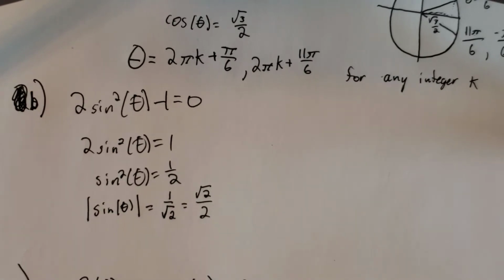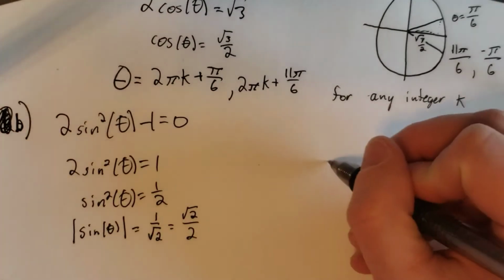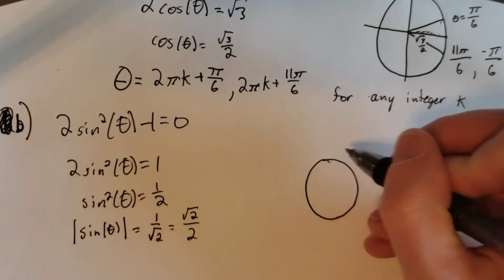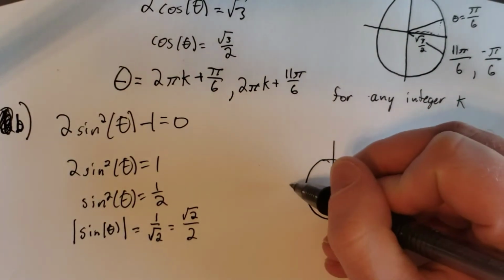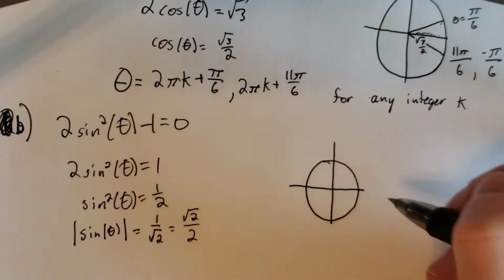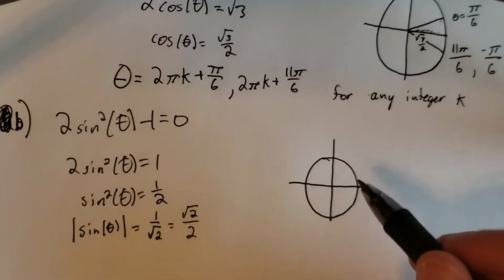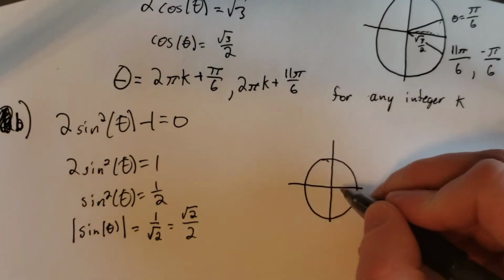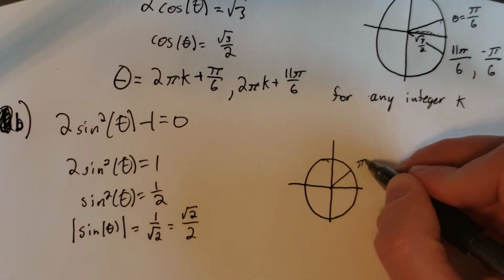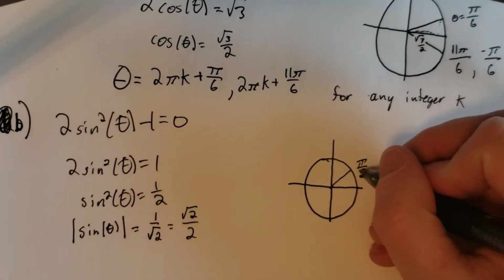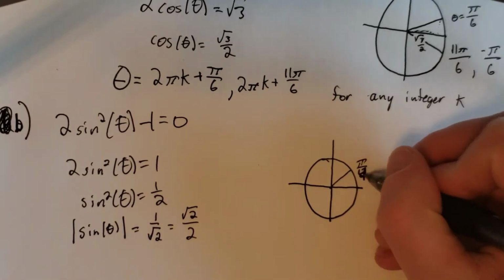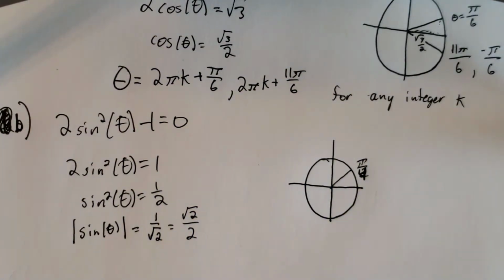And we want to find all values where the absolute value of sine of theta is equal to 1 over root 2. So let's again write down our unit circle. Well, if we plug in pi over 4, sine of theta is root 2 over 2.